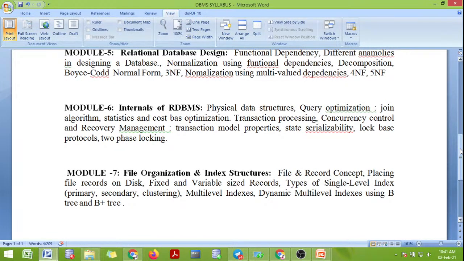So next, in module 6, we need some more lectures, 7 to 8 lectures, on the internals of the RDBMS, or relational database management system. Here we are going to learn about the practical architecture of a transaction.